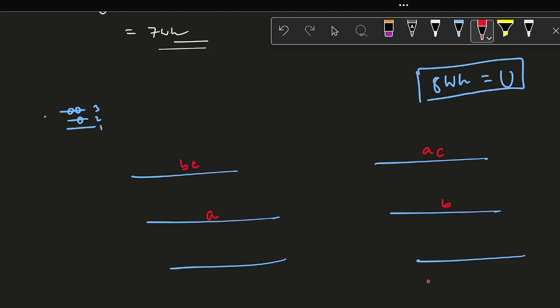So you can see there are three ways possible, right? Three ways to do this. And why are there three ways? Because they are different. They are A, B and C. They are not all identical.